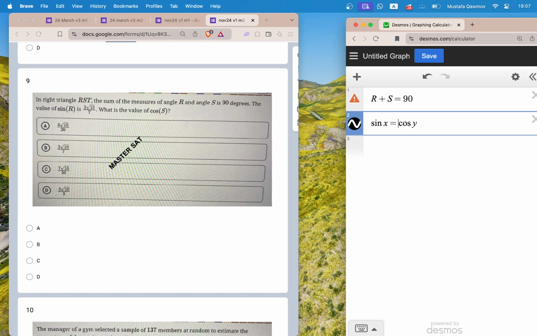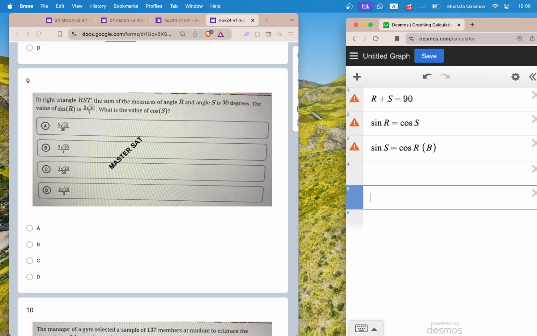We can say that sine R is equal to cosine S, and also we can say that sine S is equal to cosine R. So if sine R is 2 square root of 10 over 7, cosine S will be the same. Answer will be B here. So answer is B.